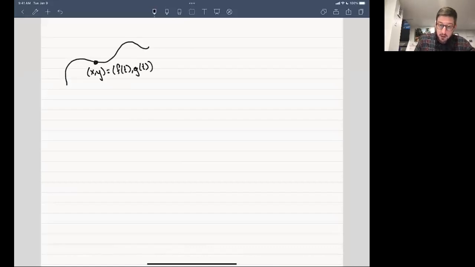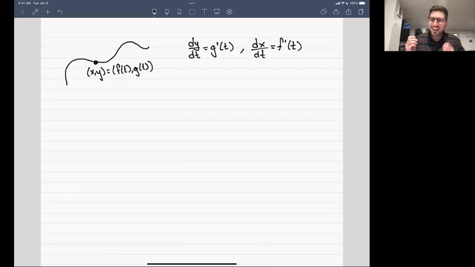Clearly we can get the derivative of y in terms of t. This is just g prime of t, as long as you can take derivatives here. Similarly, you can get the derivative of x in terms of t as f prime of t. But like I said, t is sort of hidden in the background. It's a background variable and it might not be useful to us.